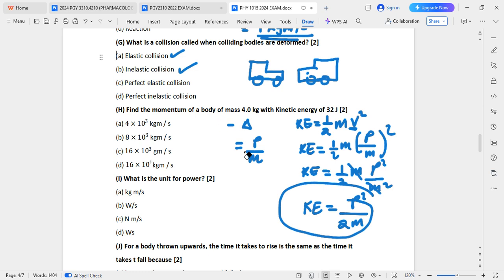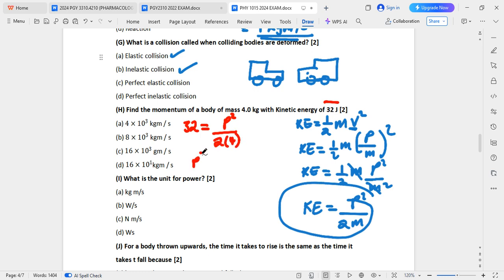Now that we know the equation, we can make a substitution. And we are simply going to say kinetic energy has already been given as 32. And that will be equal to momentum, find the momentum, that's the equation, momentum squared over 2 times mass. Mass is 4 kg.